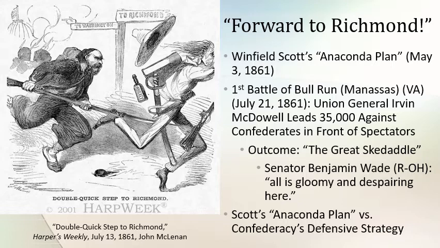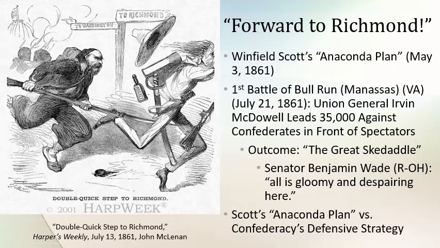Perhaps this war was going to be more drawn out as Winfield Scott had predicted. And in fact, more and more people after the first battle of Bull Run began to say that the Anaconda Plan put forward by Scott looked like the best strategy for Union troops to follow.